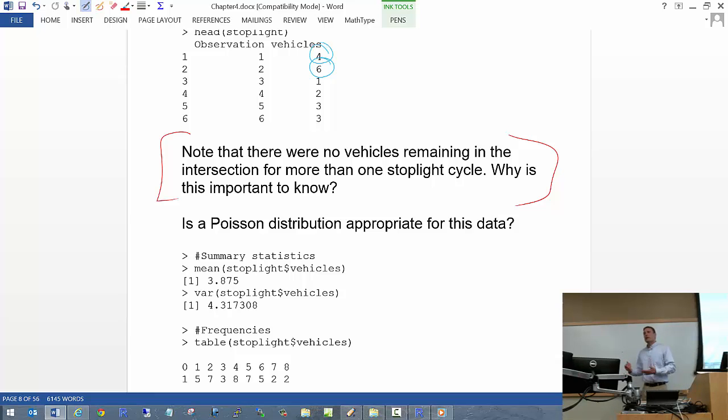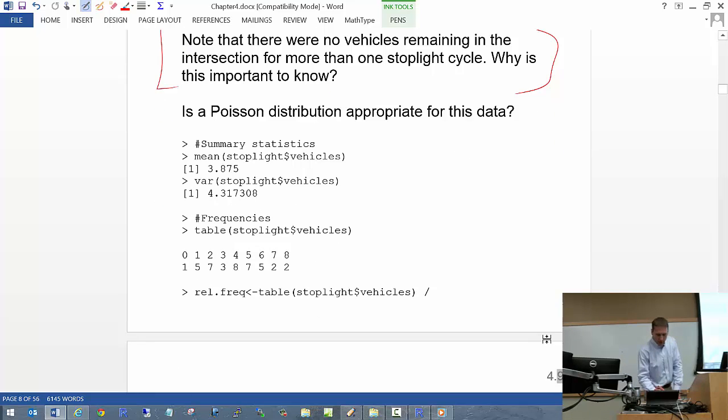One of the things that we know about the Poisson distribution is that the mean is equal to the variance. So let's look at our sample. Is our sample mean equal to the sample variance? I took the vehicles variable out of stoplights, and I simply found the mean and variance. And this is what we get.